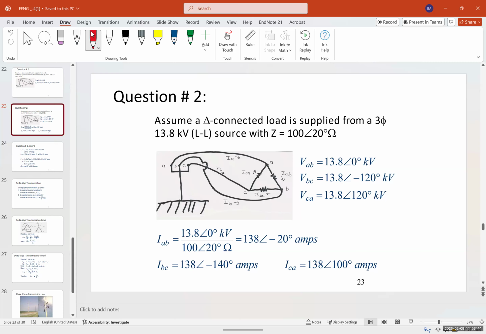And this is the line to line or line current, by the way, because we divided the line voltage over the impedance. And we can do the same thing for different lines, IBC and ICA. All of them would have the same magnitude. The only difference is 120 degrees shift in their phase.